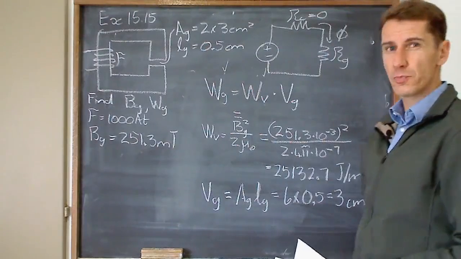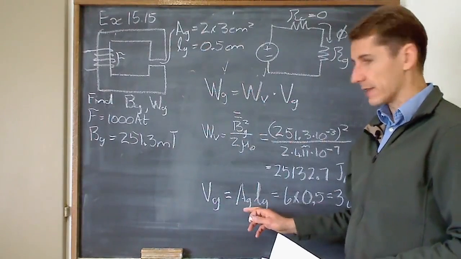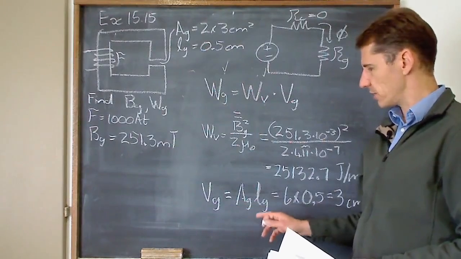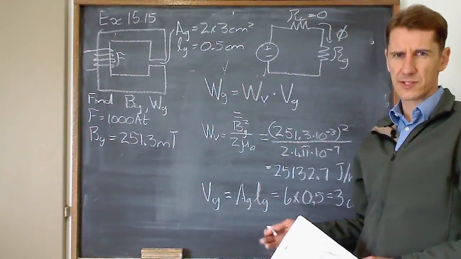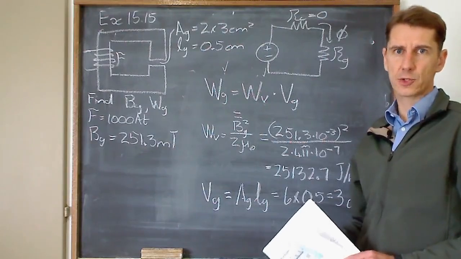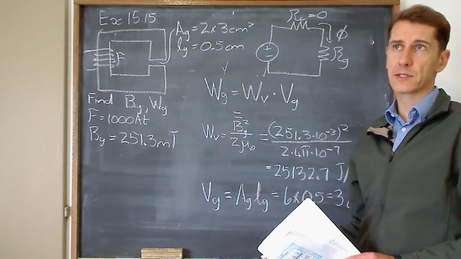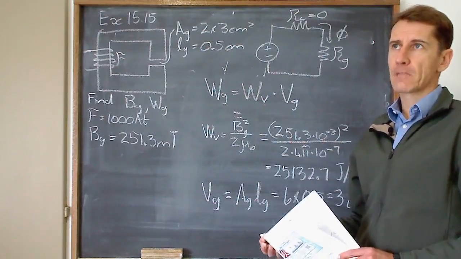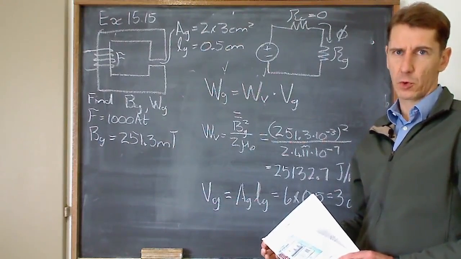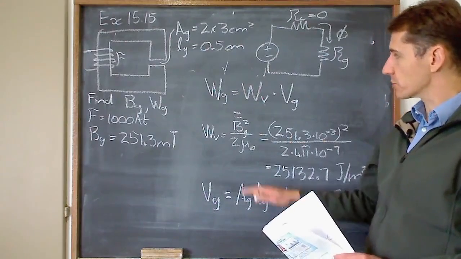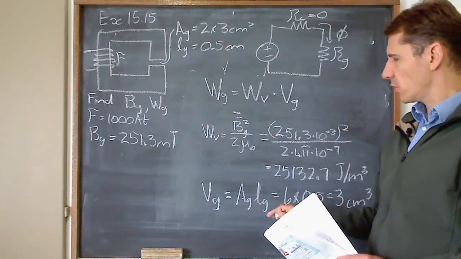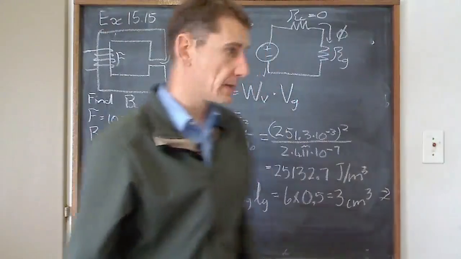Typically in your spreadsheet, where I leave a space for A_G, V_G, or L_G, I always ask for centimeters, squared centimeters, cubic centimeters. Otherwise the numbers become very small. But when we move over to calculating the actual energy, remember to convert that into cubic meters.